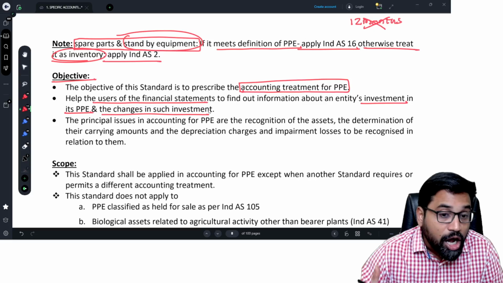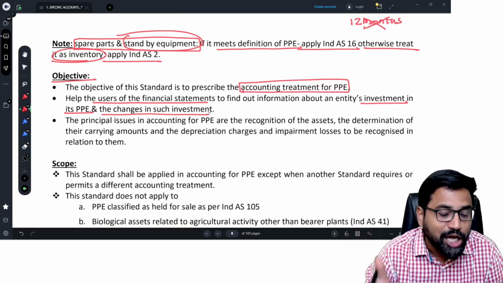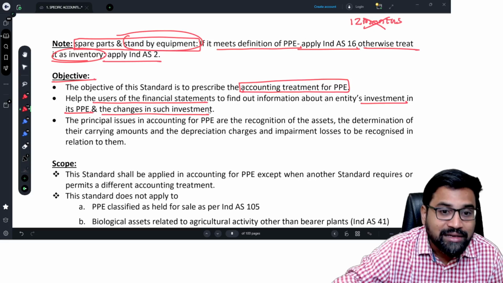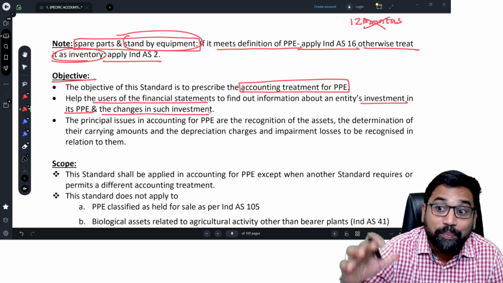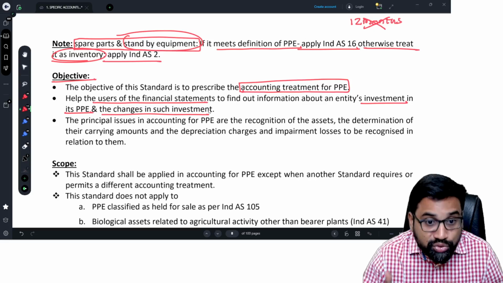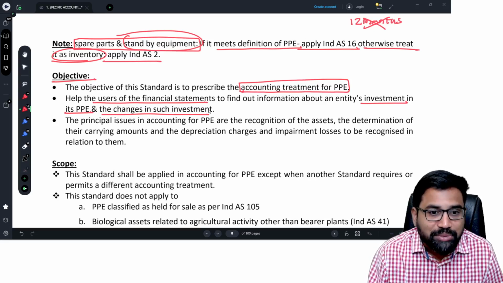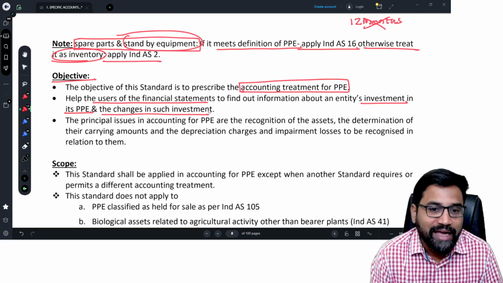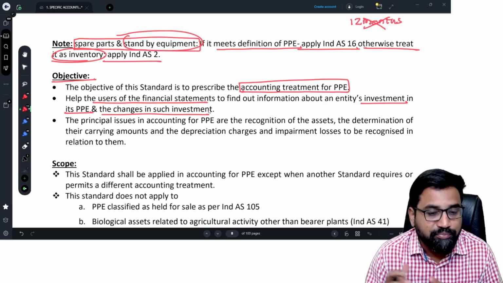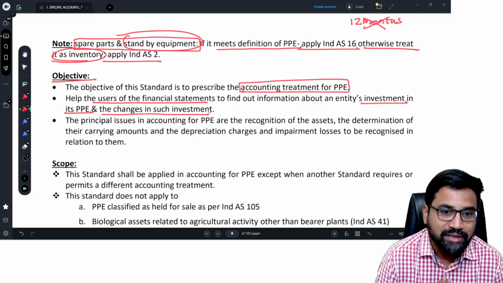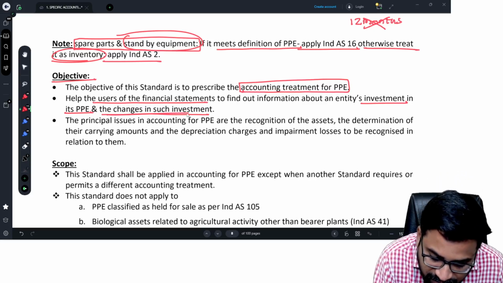Therefore, how much the company is spending, how much amount they are investing in tangible fixed assets, property, plant, equipment. Users want to know how much the company is spending in the acquisition of tangible fixed assets, and what changes are made in the investment.